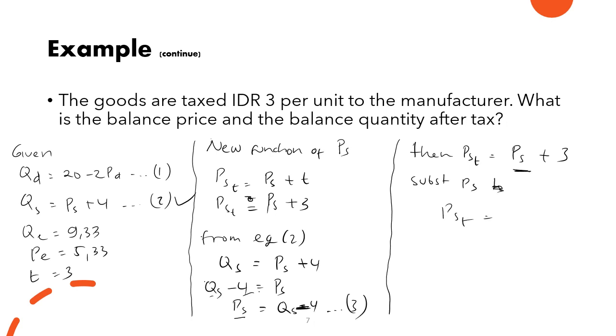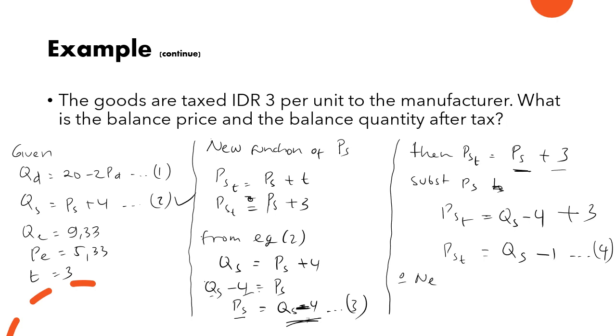PS over here, change it with this, QS minus 4, then plus 3. So our new PST is QS minus 4 plus 3, which is QS minus 1. This becomes our fourth equation.